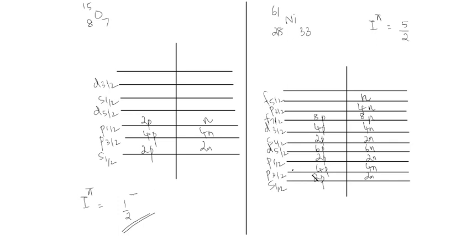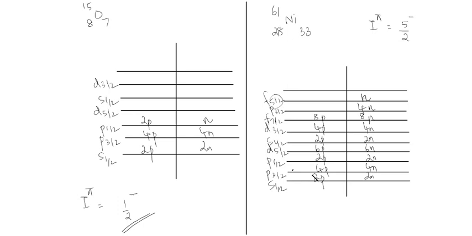Okay. Anyway, since the neutron is in the 5 by 2 state, the nuclear spin would be 5 by 2 and parity for the F state, since L is odd, will be minus. This is what we expect.